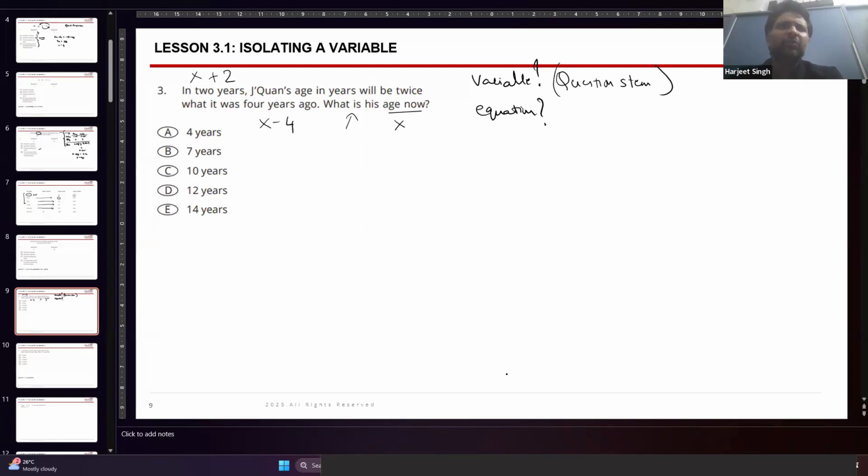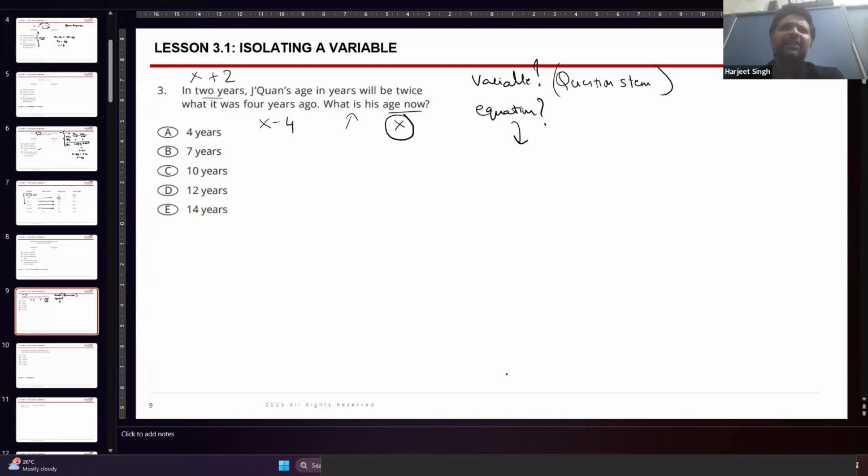As soon as I start reading and understand the variable, I jot down in each part how the variable is getting transformed. In 2 years means X plus 2. In the second part, it is 4 years back, which is X minus 4. And now it's easy to create the equation.